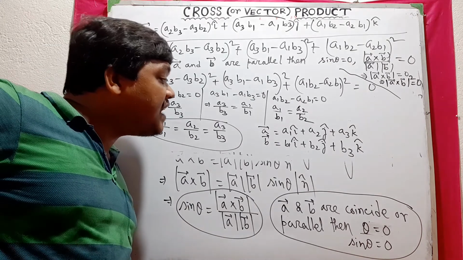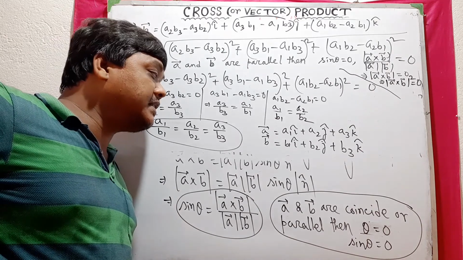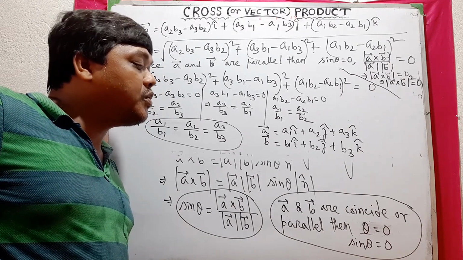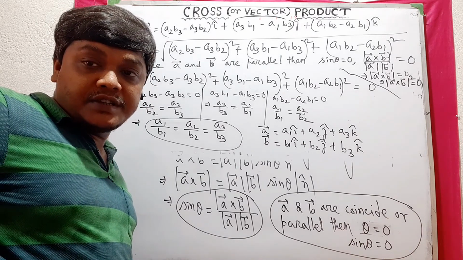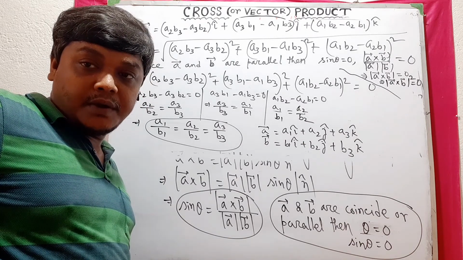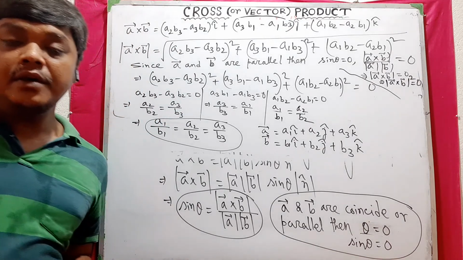That means if A vector equals A1 i cap plus A2 j cap plus A3 k cap, and B vector equals B1 i cap plus B2 j cap plus B3 k cap, they are parallel to each other if A1 by B1 equals A2 by B2 equals A3 by B3. Okay, thank you.